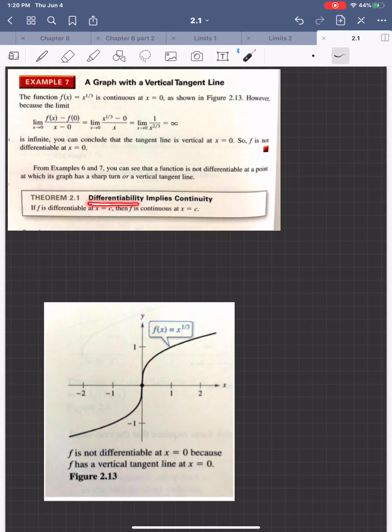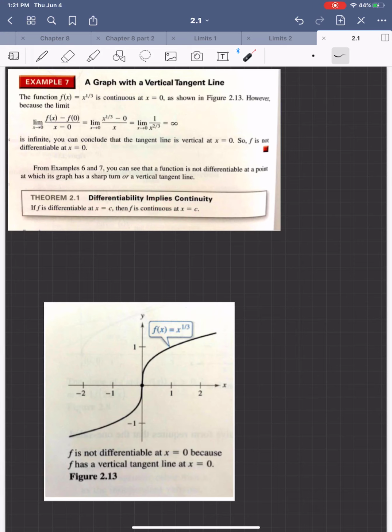That's why the statement is differentiability implies continuity. If f is differentiable at some x value c, then f is continuous at some x value c. But you can't switch that statement around, okay?